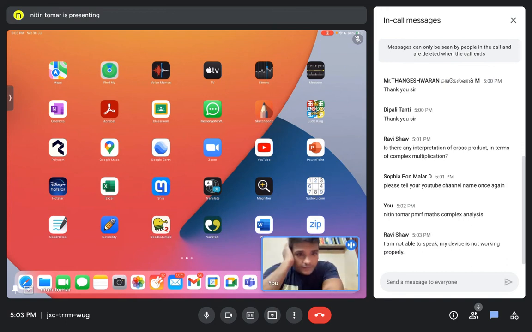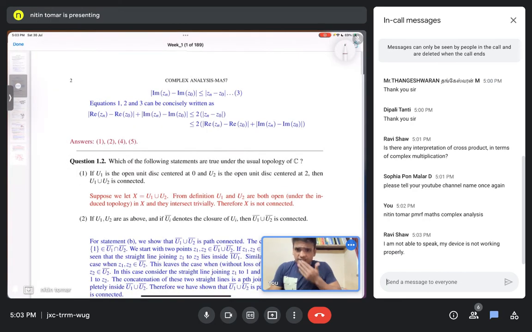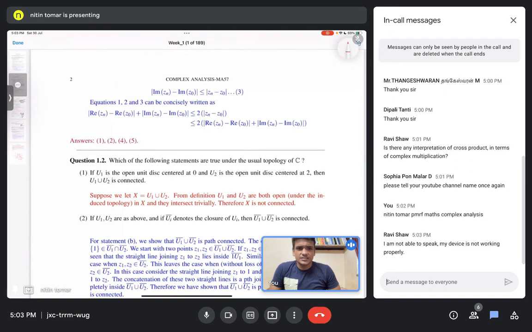Okay. So Ravi, your question is, is there any interpretation of cross product in terms of complex multiplication? The answer is yes. If you realize what a cross product is, when you take the cross product of two vectors, it gives you the vector in the direction orthogonal to both of them.